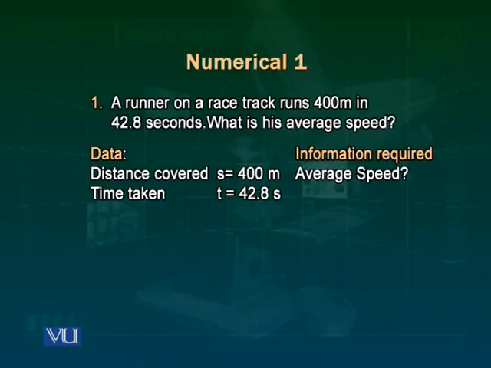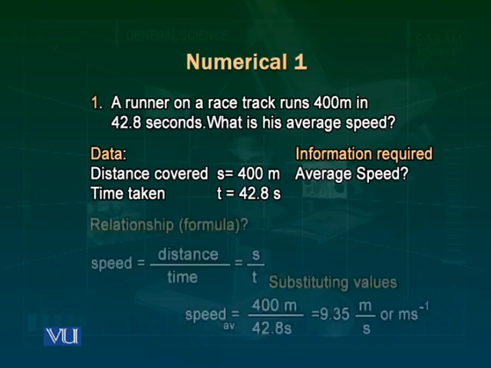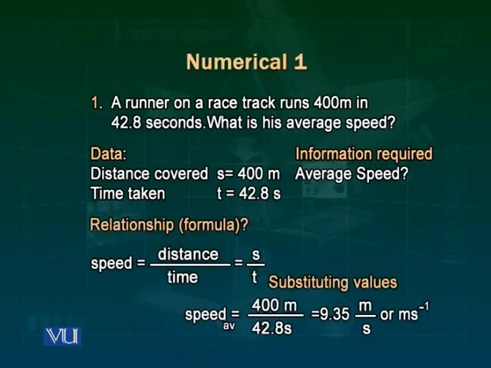Do we have a relationship which determines average speed in terms of distance and time? Yes, we have. Speed is defined as distance covered divided by time taken. So the speed would be 400 meters divided by 42.8 seconds, giving you 9.35 meters per second to the second place of decimal, which is acceptable as far as physics is concerned.